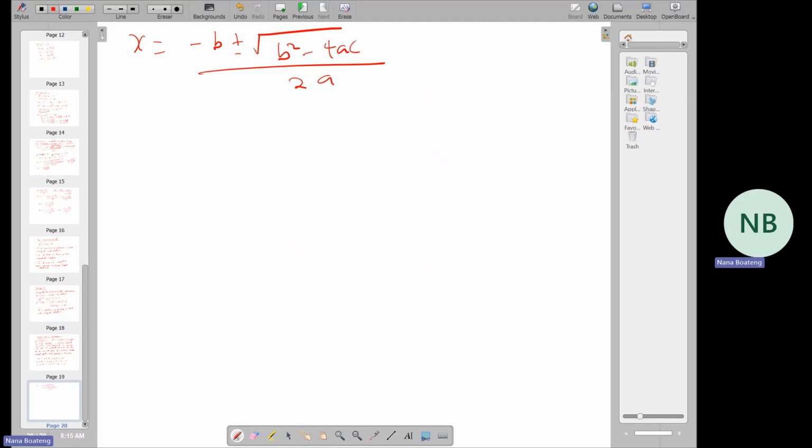So here we know that a is equal to 0.01, b is equal to 0.05, and c is equal to -8.